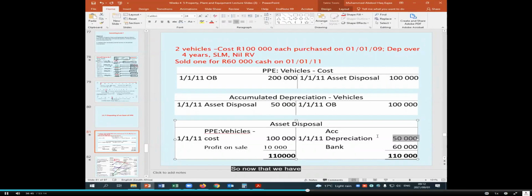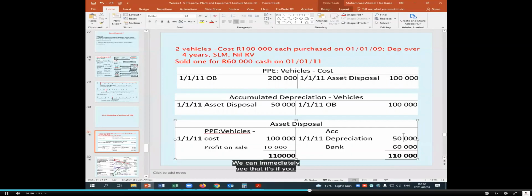All right. So now that we have these two amounts in front of us, your property, plant, and equipment, and your accumulated depreciation, what's the value of our vehicle?